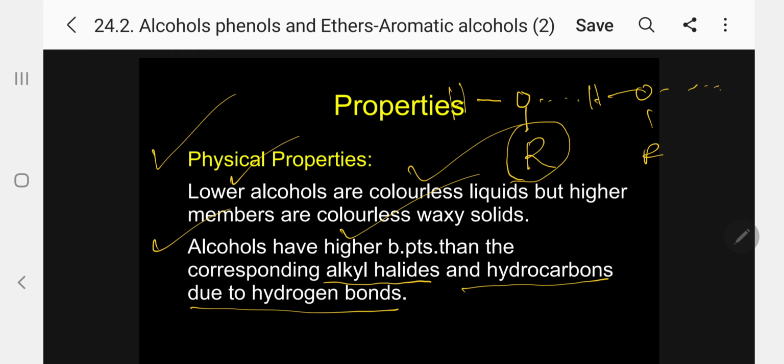Because of this hydrogen bonding, a larger number of molecules are associated. So whenever you want to boil this liquid, we have to break this hydrogen bond. So it generally has a higher boiling point than the corresponding alkyl halides and hydrocarbons.